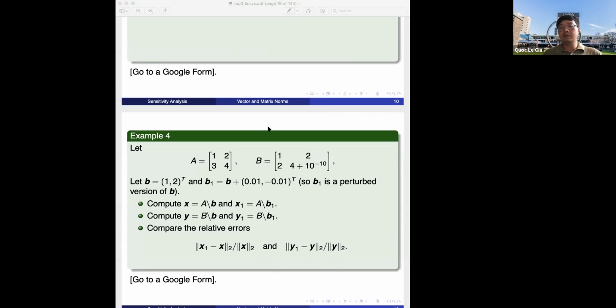So we have to use it to see what matrix is a good matrix. So you go to Moodle, you go to interactive Google documents, and there is a Google form, good and bad matrices. Okay, so you see it.